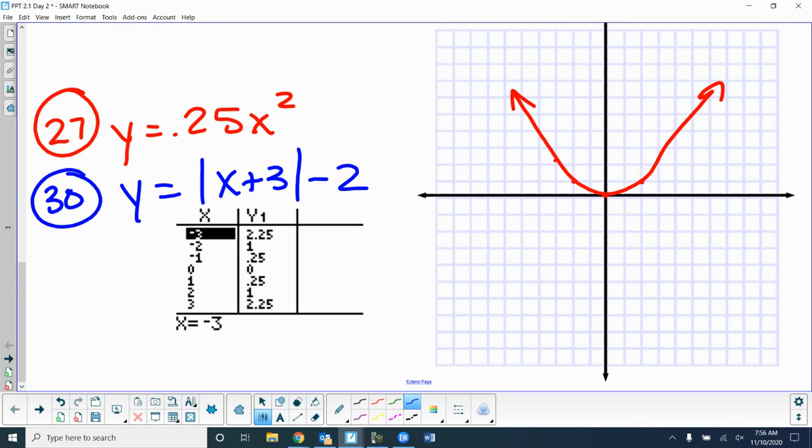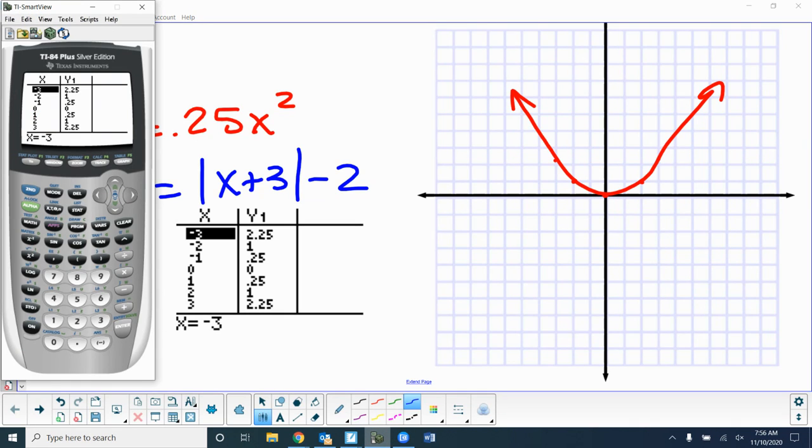Okay, so again, just go to your calculator, go to your y equals, clear out the one you just did, go to math, and move over to number. That's where absolute value was. That's the number one thing there, ABS. So just hit enter, and then put x plus 3 in. Close it up, so the parentheses closing that up, and then minus 2, and then graph.